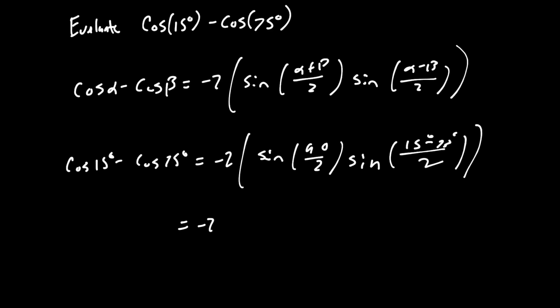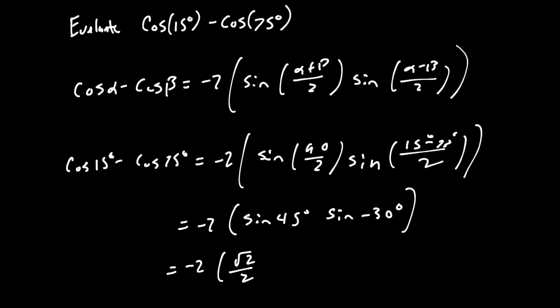This is equal to negative 2 times sine of 45 degrees times sine of negative 30 degrees. This is equal to negative 2 times square root of 2 divided by 2 multiplied by negative 1 divided by 2. And this is equal to square root of 2 divided by 2.